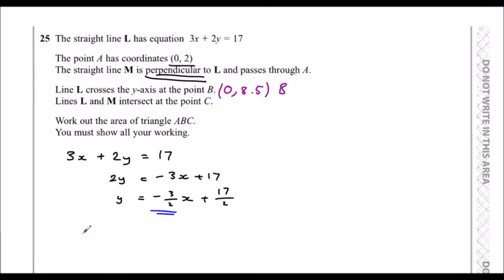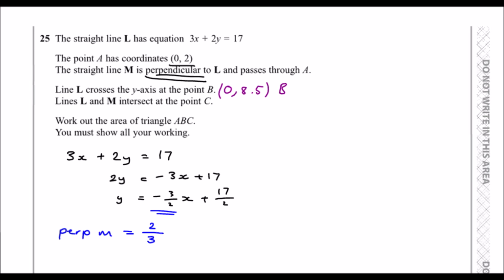So the perpendicular gradient is the negative reciprocal of that. So flip it and change the sign. So the perpendicular gradient is 2/3. So 3/2 flipped over is 2/3. And if this one's negative, the other one must be positive.